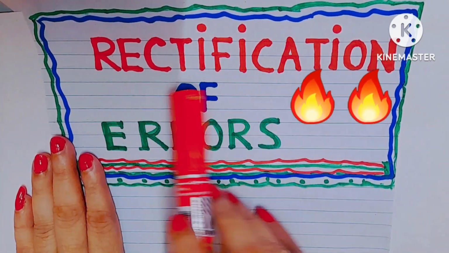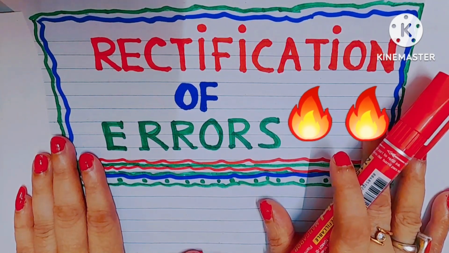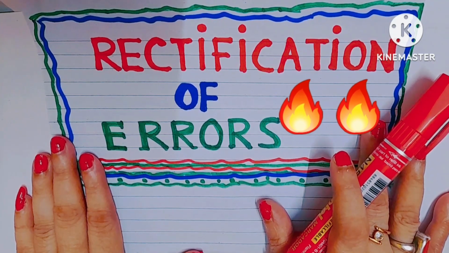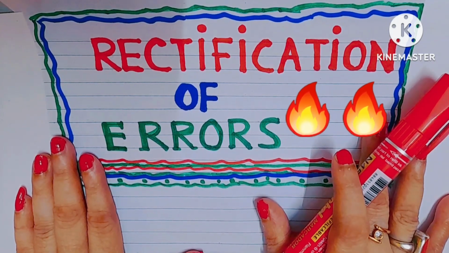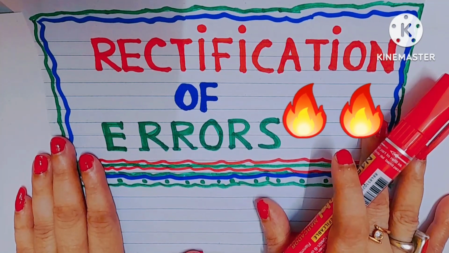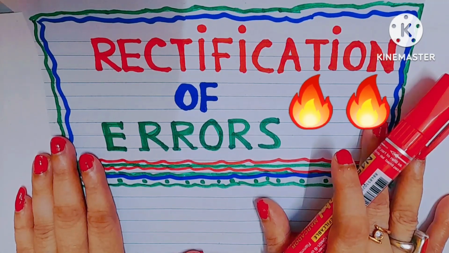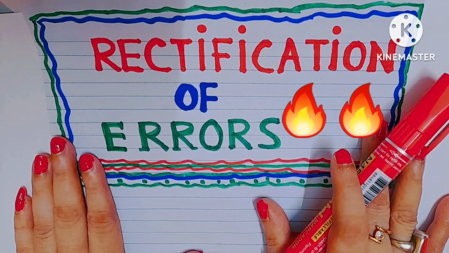Now what is rectification of errors? As we all know, committing errors or making mistakes is human nature. Bookkeepers or accountants commit mistakes like omission, principal, commission, and compensating errors in maintaining the books of accounts of every business entity.